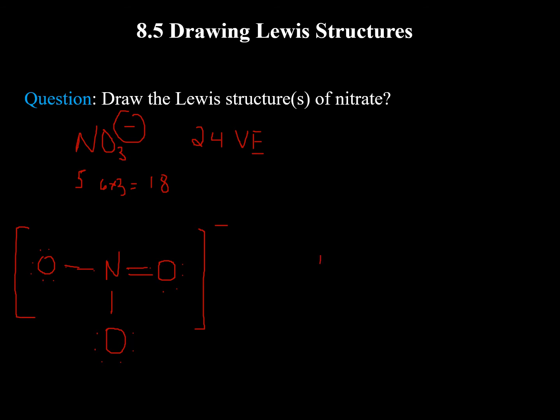We can also draw it like this, where the nitrogen is in the middle and the oxygen is below. Again the negative charge, 1, 2, 3, 4, 5, 6, start on the right, 8 with a bond, 9, 10, 11, 12 going below, 13, 14, 15, 16 on the left, 17, 18, 19, 20, 21, 22, 23, 24.